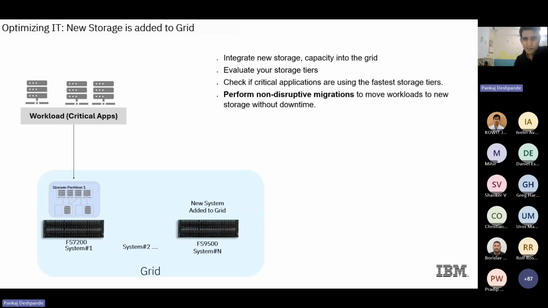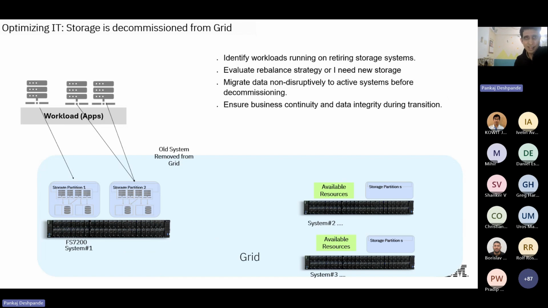The AI can give a view of which is the best place to put your critical application. Maybe you have bought the most performing storage, so you should be able to migrate your most important applications there, and you can do that using the partition migration.